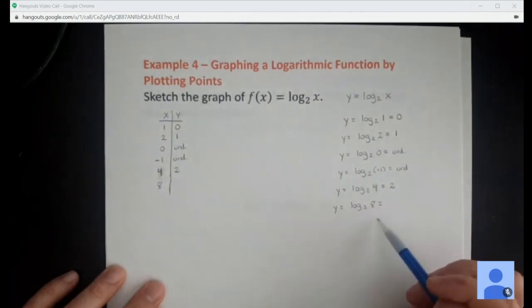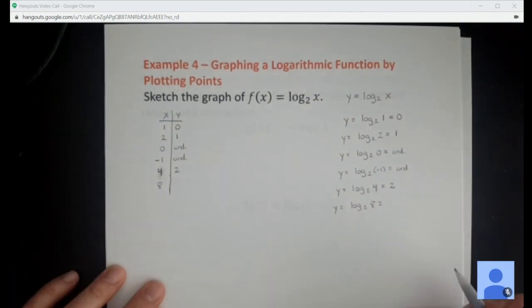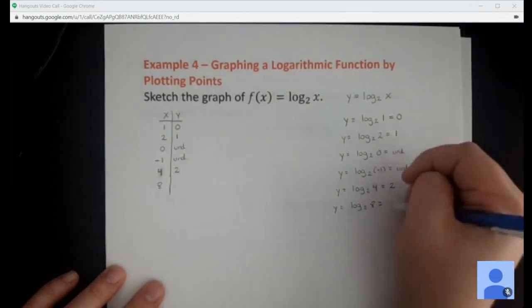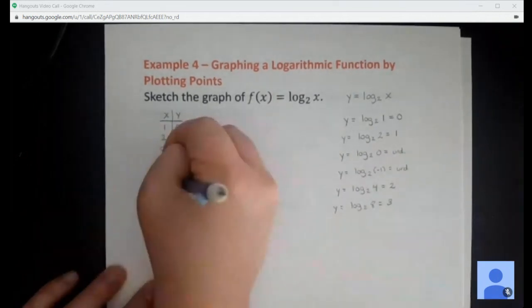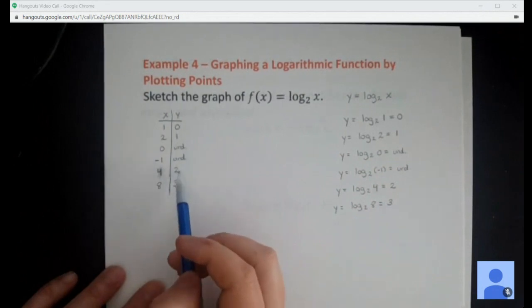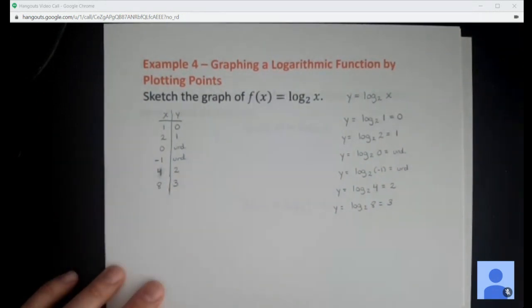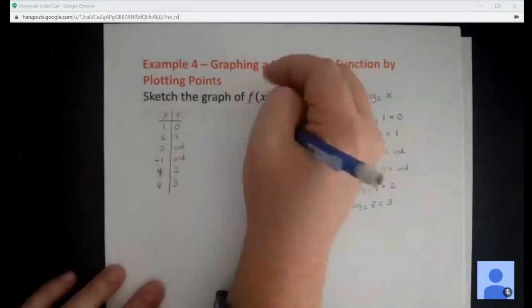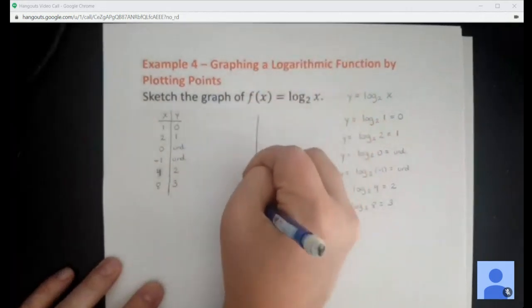Now this exponent would need to be what? 3, right? So that's probably a good list of values, because now we have these 4 points that we can graph and then get an idea of what the graph is going to look like.